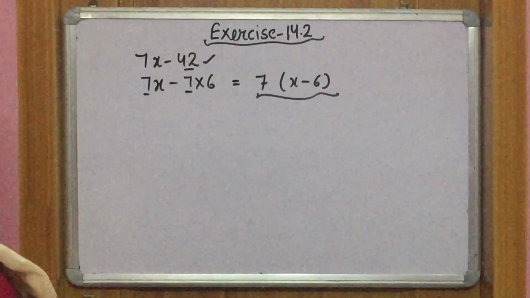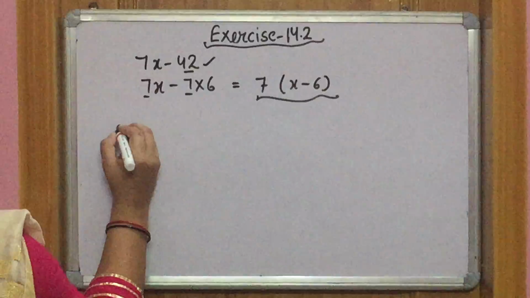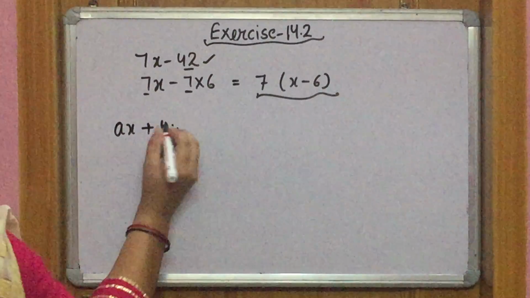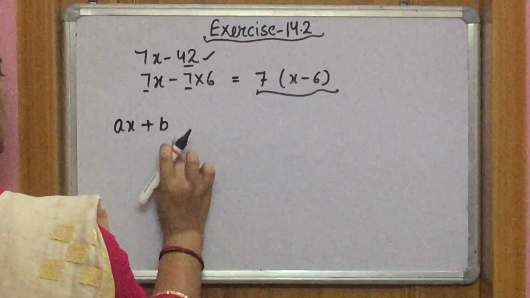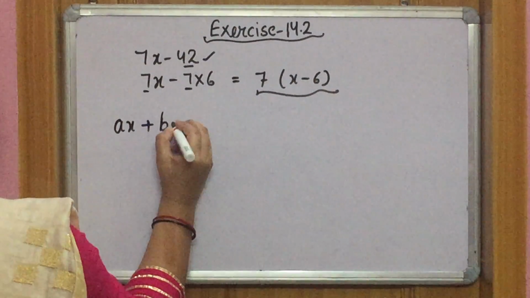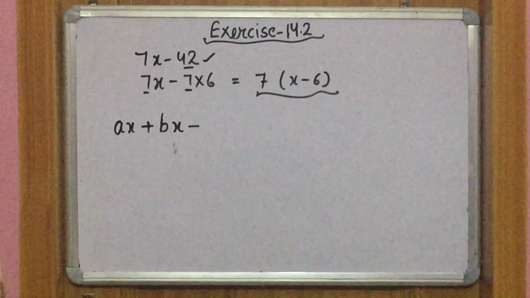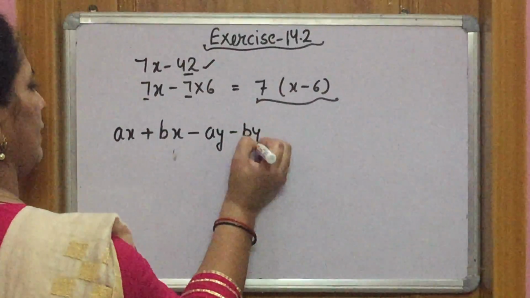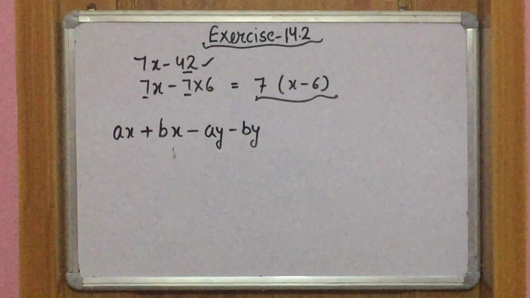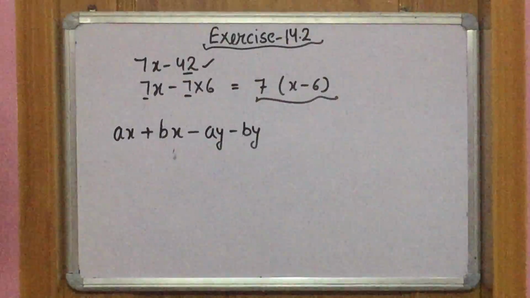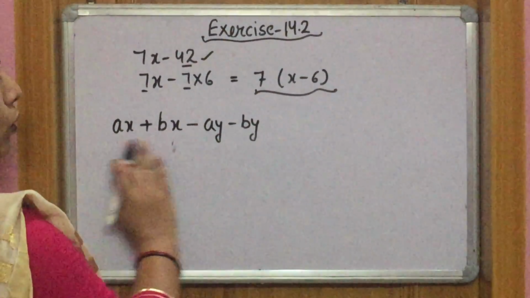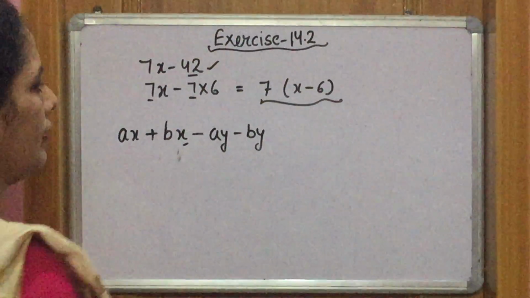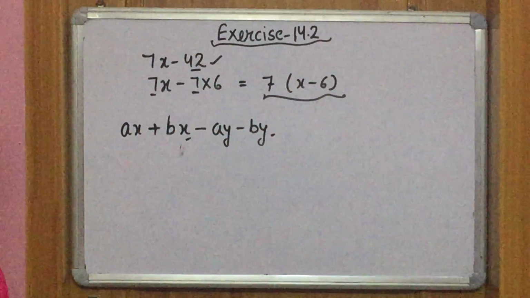But if we have an expression of this type, ax plus bx minus ay minus by. If we try to take a as common from all of the terms, then a is not in the second term, a is not in the fourth term.